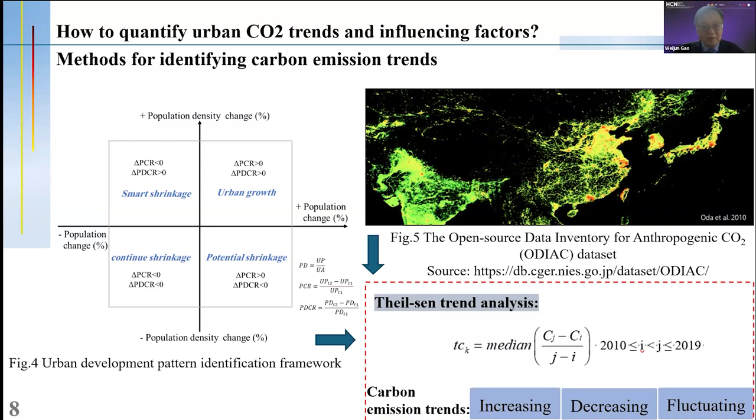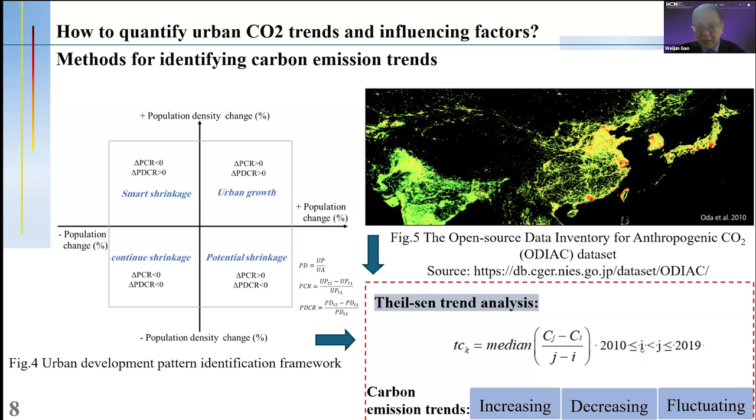We divide into four patterns, and define population increase and density increase as meaning urban growth. And on the other side, continued shrinkage means population and density both decrease. This is about the urban pattern we define.